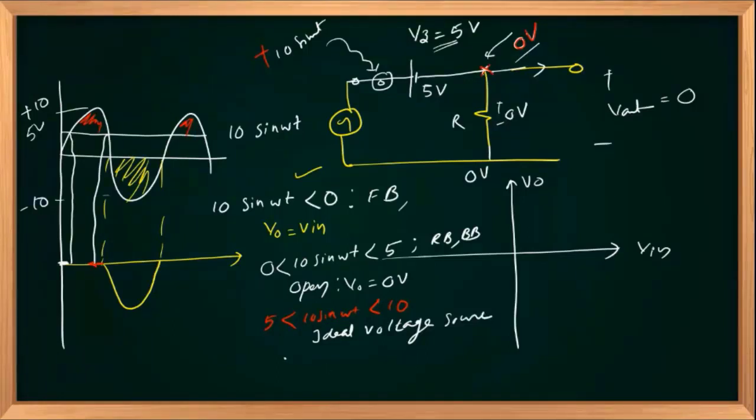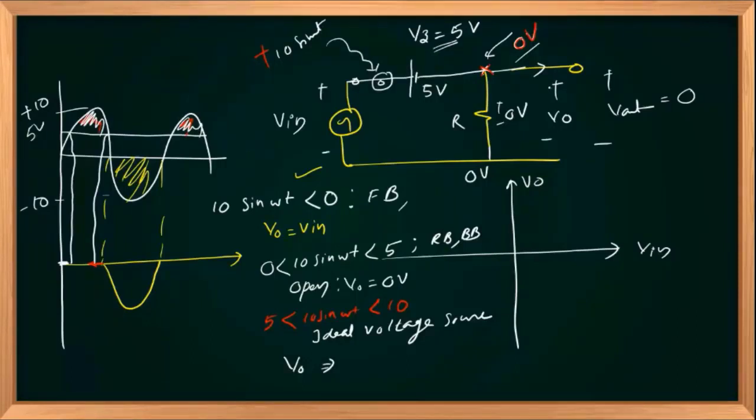And what about V out? V in is positive, greater than 5. What about V out? If you are writing Kirchhoff voltage law around the loop, let us mark this signal as V in itself, with a positive negative polarity.